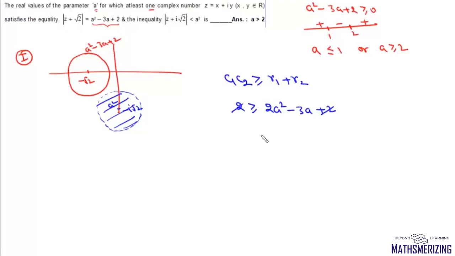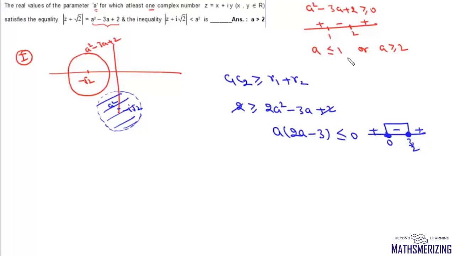Now this 2 and 2 will cancel, it will be a into 2a minus 3 less than or equal to 0. Now this is 0, this is 3 by 2, plus minus and plus. So they won't have any solution when a lies between 0 and 3 by 2.